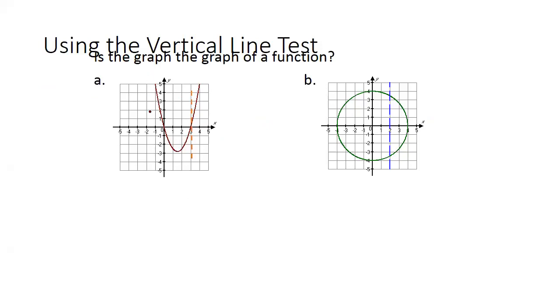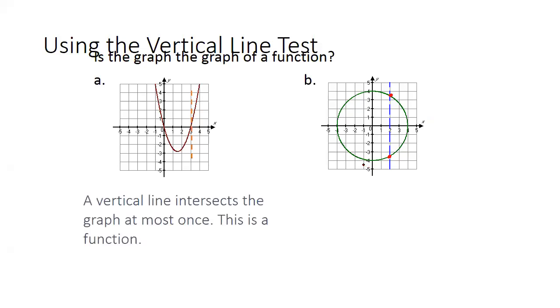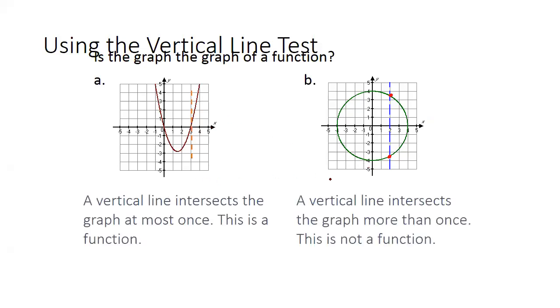So this would be a parabola, right? The vertical parabola is a function, isn't it? However, the circle is not a function, because see, they're sharing these 2 points right on top of each other, and they're sharing the same x-value. Okay, so the vertical line test pretty much tells me whether or not you have a function.